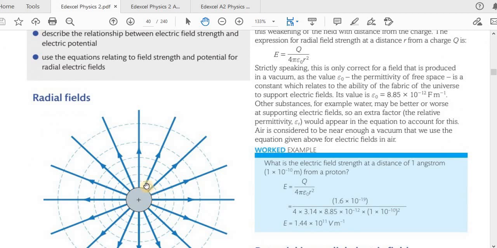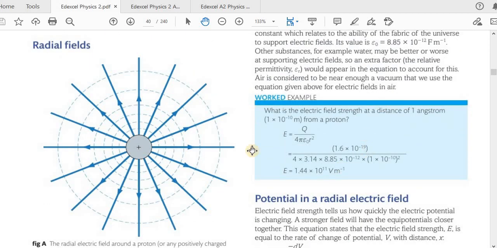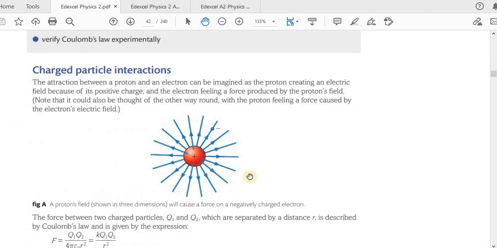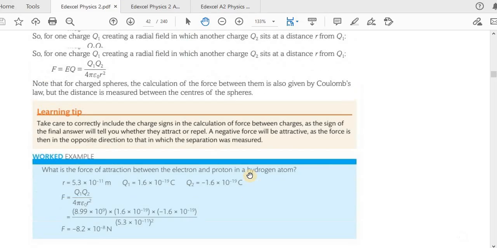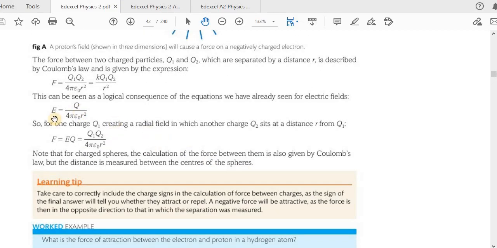Q is a constant, let's say it has a constant charge, and we went through this example also. So coming back here, we have E equals Q over 4 pi epsilon naught r squared. Now you have learned this equation previously.